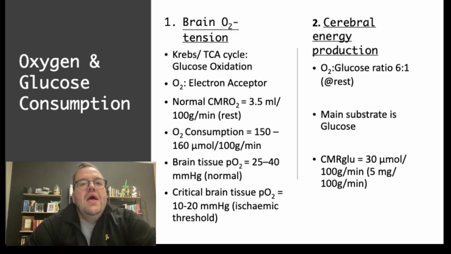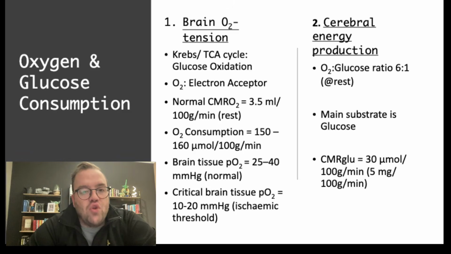So the Krebs or TCA cycle, oxidative phosphorylation and glucose oxidation occurs. Oxygen is an electron acceptor, and energy is liberated at the mitochondria, the classic aerobic metabolism of glucose.